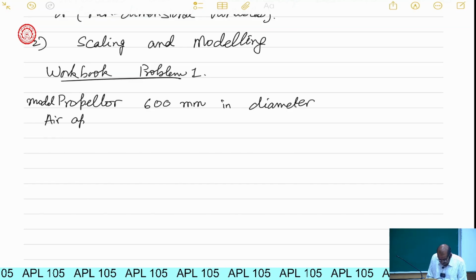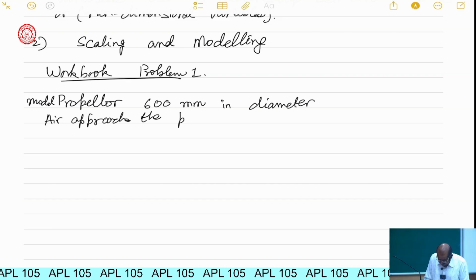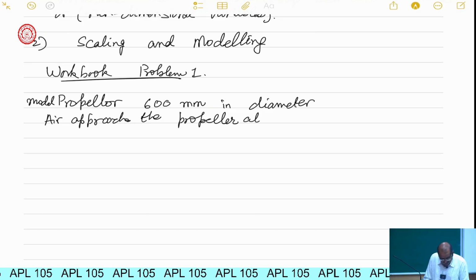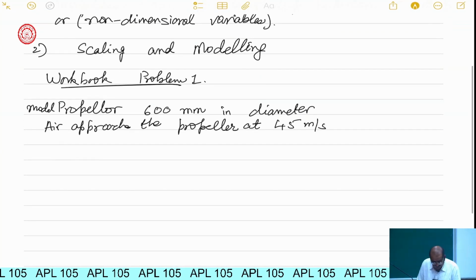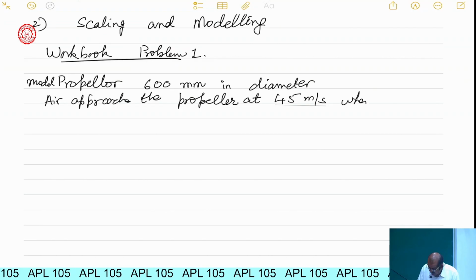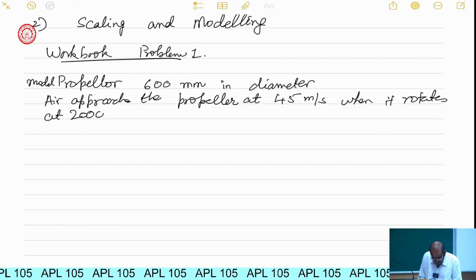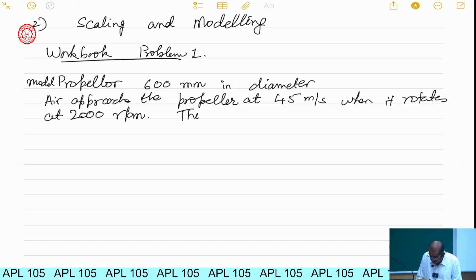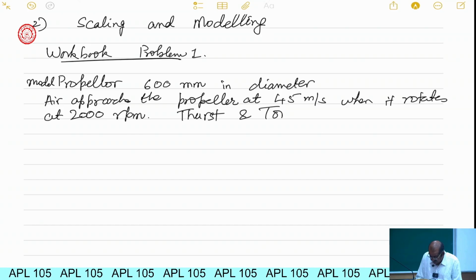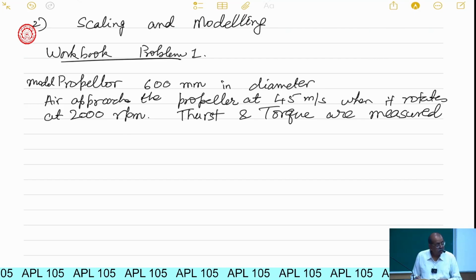Air approaches the propeller at 45 meters per second, and you find it rotates at 2000 rpm. The thrust and the torque are measured.